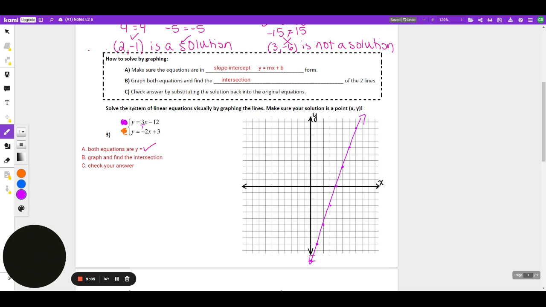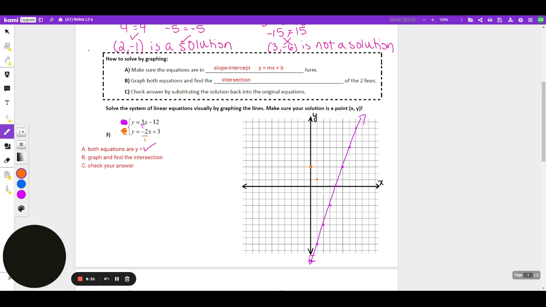And then looking at the orange graph, I want to this time start with a y-intercept of 3. And because I have a -2 over +1, I'm going to go ahead and drop down 2 and right 1.